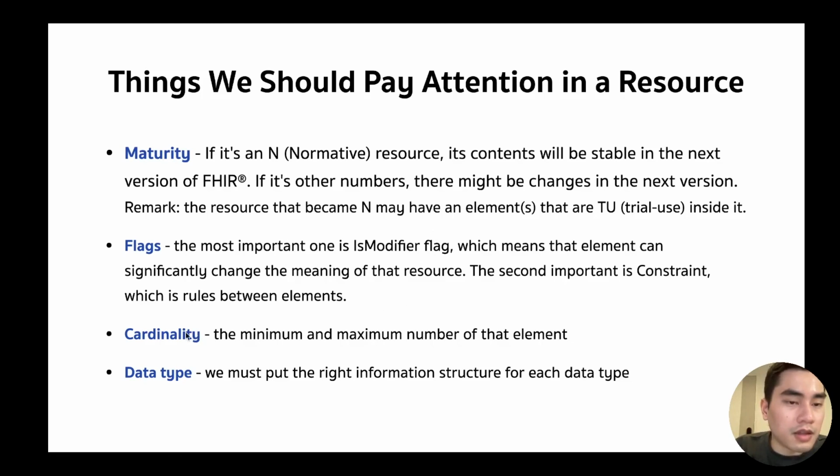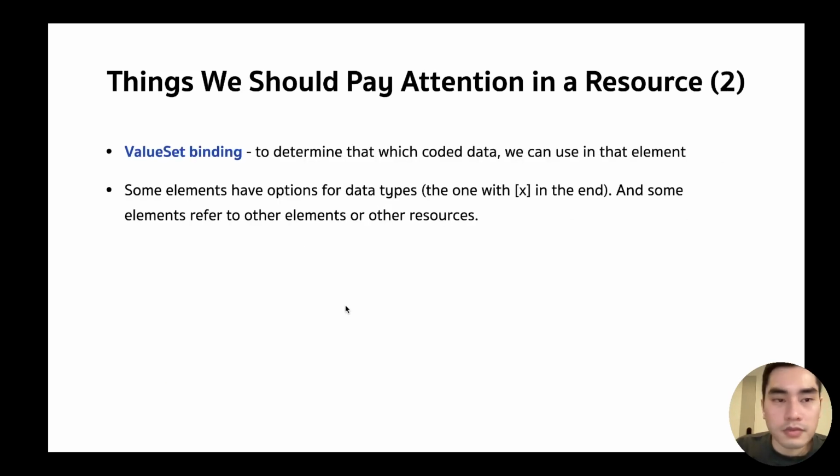And the third one is cardinality, the minimum and maximum number of that element. And the data type is also important because it defines what data we have to put inside that element. And value set binding determines which data in the coded data we can use.